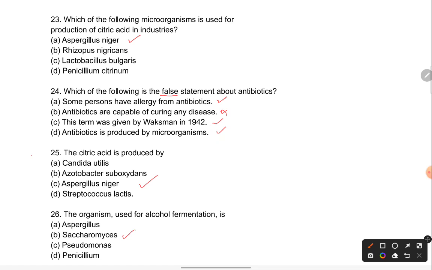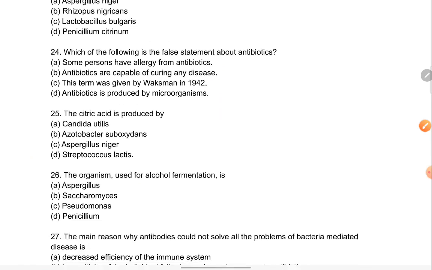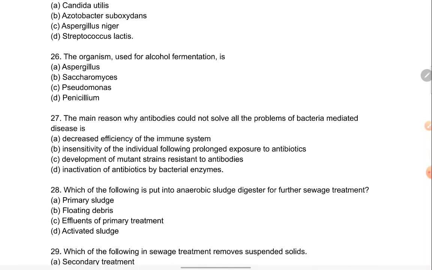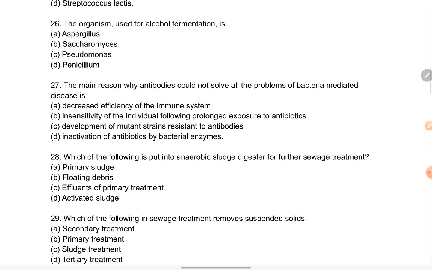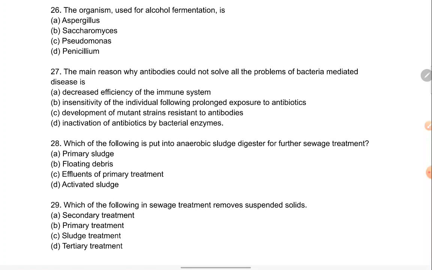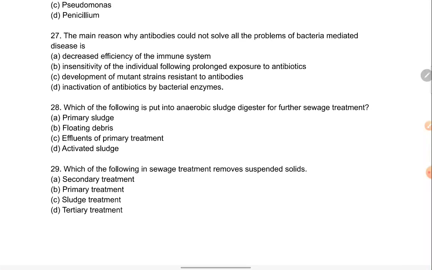The microorganism is Saccharomyces. Many questions are asking about Saccharomyces and ethanol in different ways, so that's very important. Question 26 we have discussed, that is Saccharomyces.